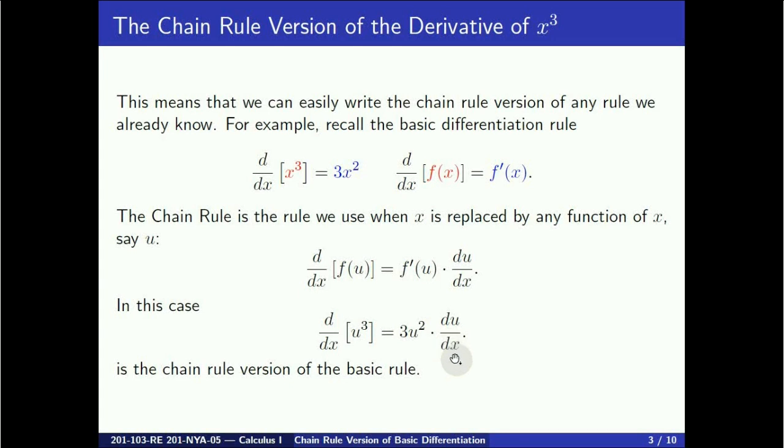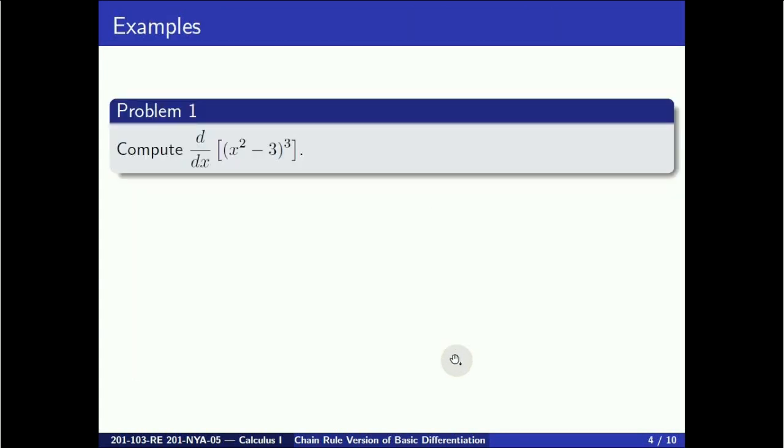For example, let's say that we want to compute the derivative of (x squared minus 3) cubed. This is exactly like differentiating u cubed with respect to the variable x, where u is the function x squared minus 3. According to the chain rule, the derivative is 3u squared times du dx.